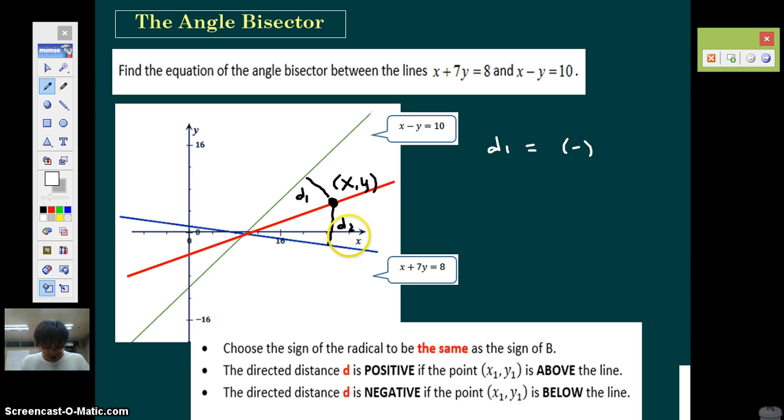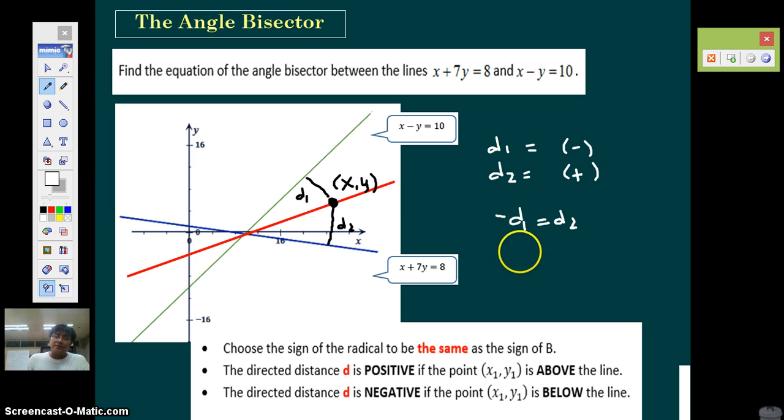What about the directed distance D2? This time the point is above the blue line. Therefore, we expect that D2 will have a positive directed distance. So in this case, we should not readily equate D1 and D2, but we should negate D1 first before equating it to D2. So if negative D1 is D2, we're now sure that we're dealing with the same directed distance signs.